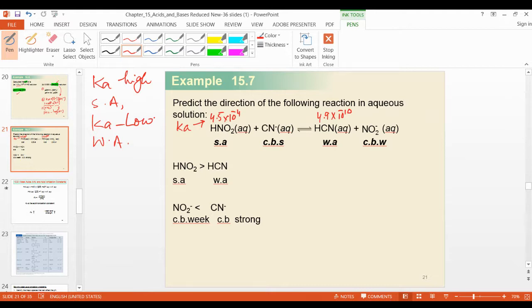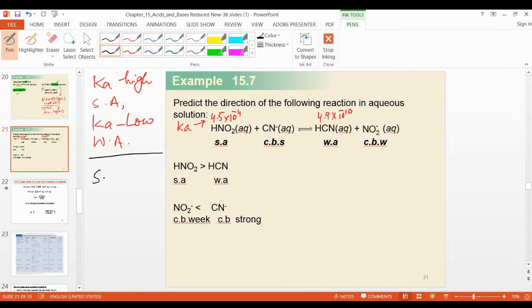So now tell me, which one is a strong acid, which one is a weak acid? Come on, fast, don't waste the time. HNO2. HNO2, why? What is the reason?